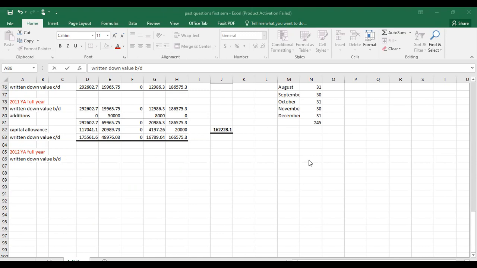Written down value brought down is going to be equal to the written down values you have here.